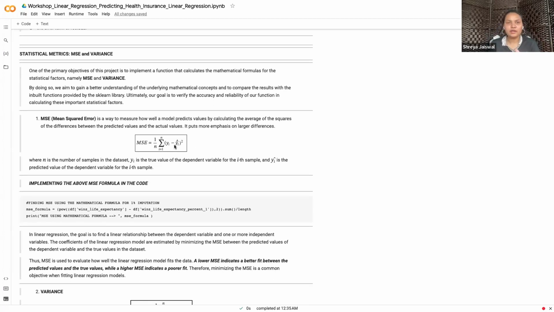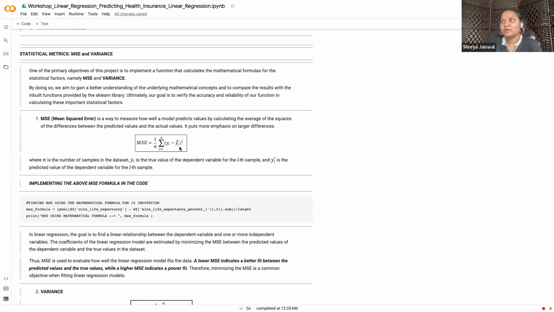But getting the exact output is a very ideal scenario. So yi minus yi cap is the difference between my actual value and what my model has predicted. And our target is to reduce this difference. The lesser the difference, the closer my predicted and my actual value are. And that is what we want, right?